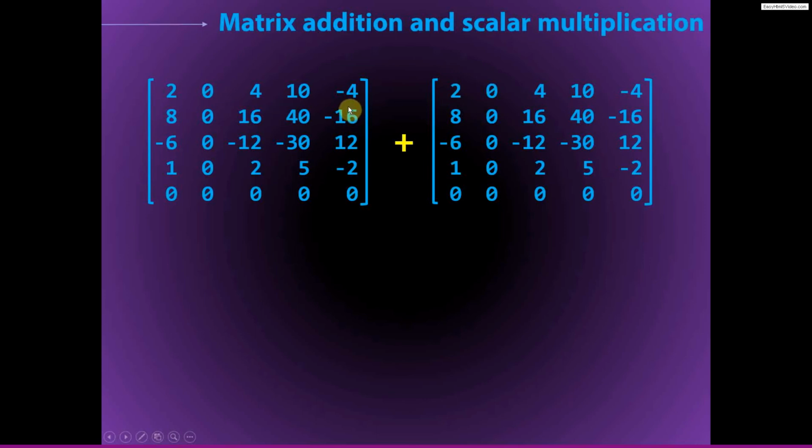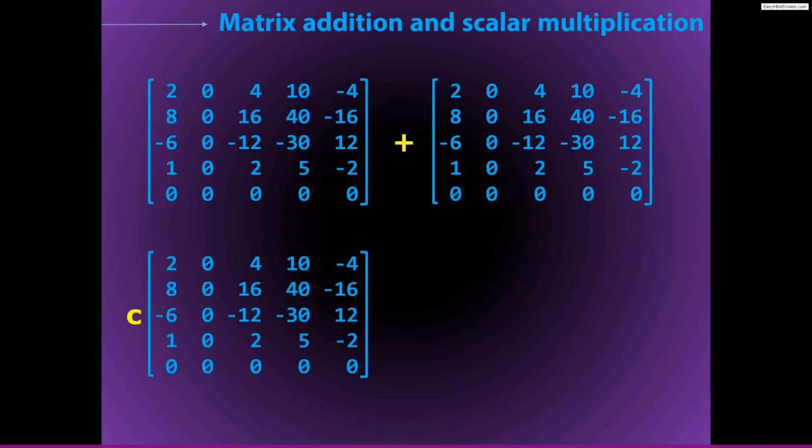So the upper right element in the sum matrix resulting from the addition of these two matrices will be -8 because it's this guy plus this guy. Similar to vector addition, this matrix addition is defined only for two matrices that have exactly the same number of rows and exactly the same number of columns. So the matrices have to be the same size.